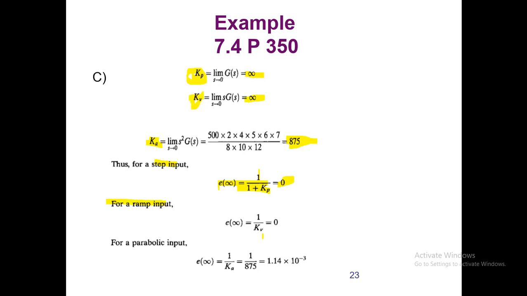For the ramp input, 1 divided by infinity becomes 0, and for a parabolic input, 1 divided by Ka, and Ka was 875. If you divide 1 by 875, you get 1.14 into 10 power minus 3. So this is the error for the parabolic input. So this was your numerical.